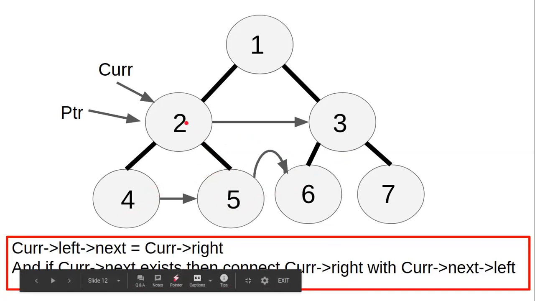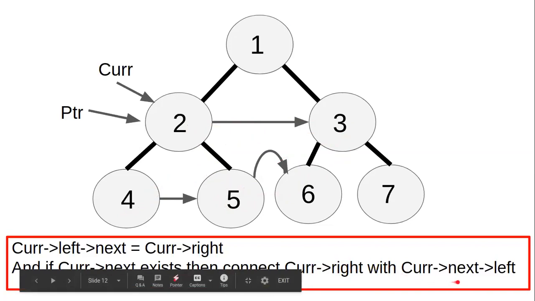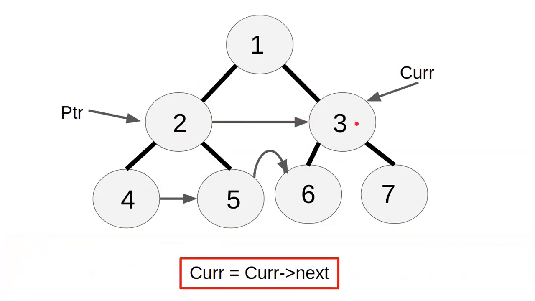Simply, current's right's next will be pointing to current's next's left, like this, as I have written right here: current's next's left. In this way, I will be connecting 5 with 6. As the job of current is completed for node 2, it will now be shifted to node 3, because current is used to traverse all the nodes present in this particular layer which PTR is pointing to. So now current is right here.